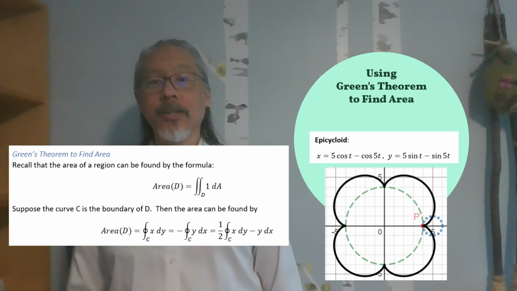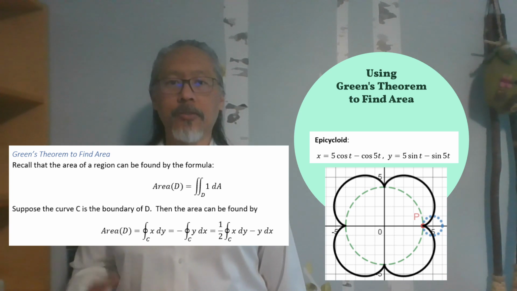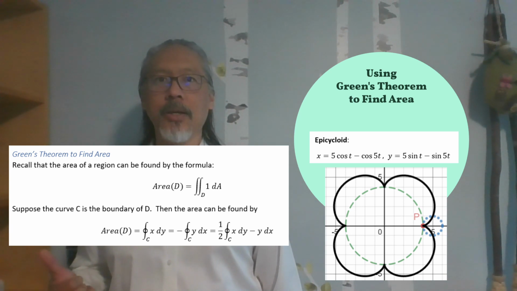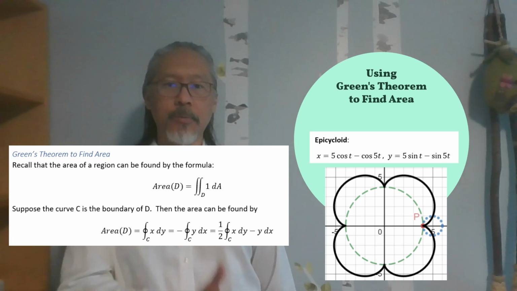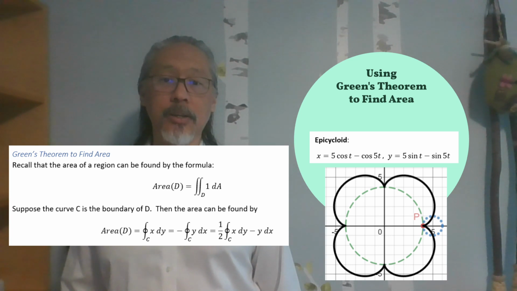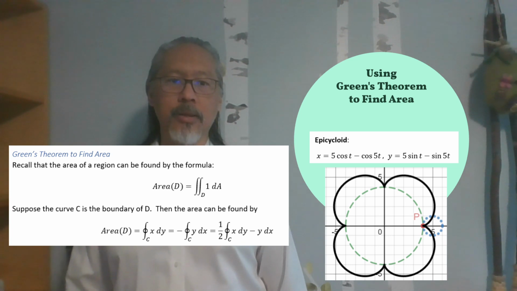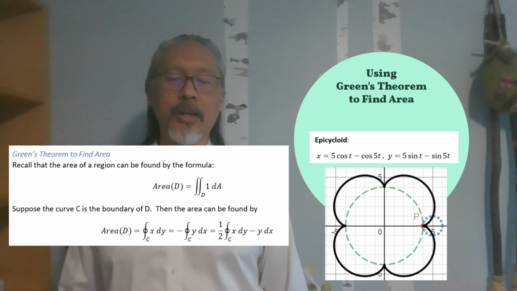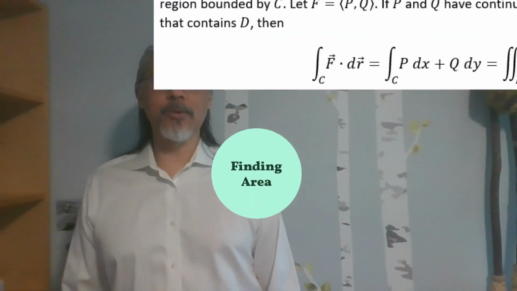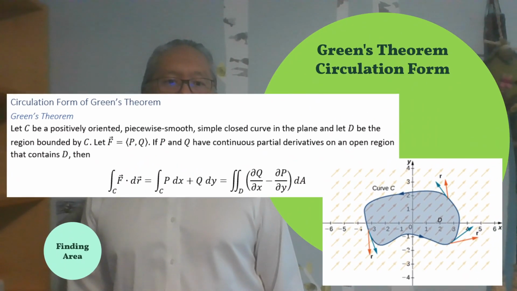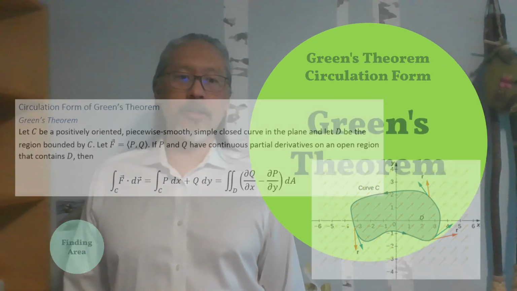So in most cases, we'll see Green's theorem used to replace a line integral with a double integral, which is easier, but in these weird cases where we have to find the area, we sometimes have to go backwards. Okay, and so that's the circulation portion of Green's theorem.